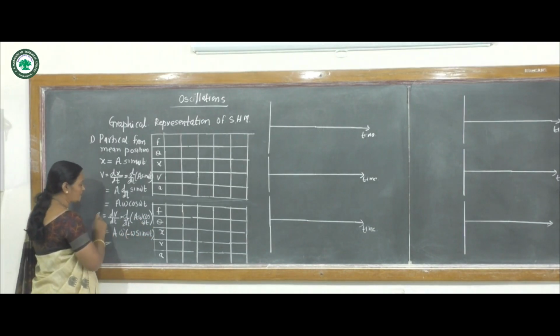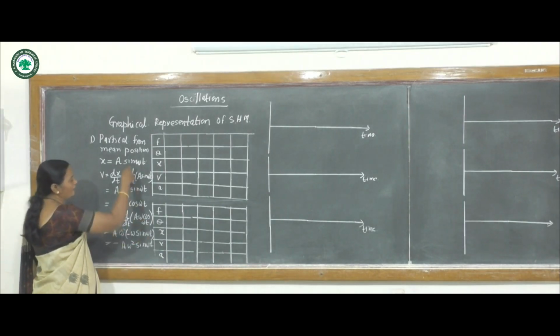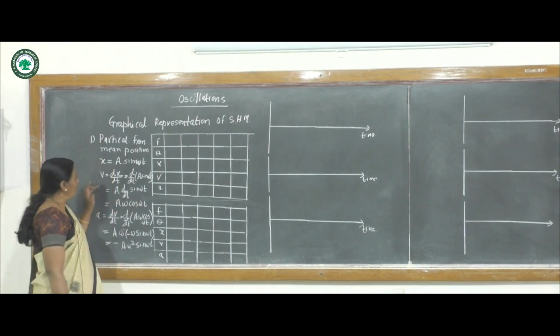The total acceleration is minus a omega square sine omega t. These are the expressions for displacement, velocity and acceleration, initially considering that the particle starts from mean position.